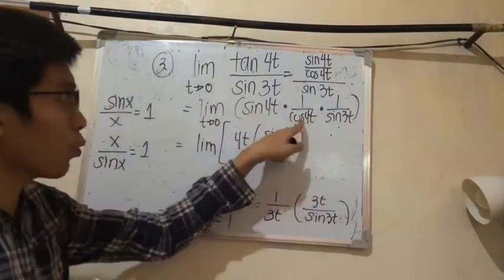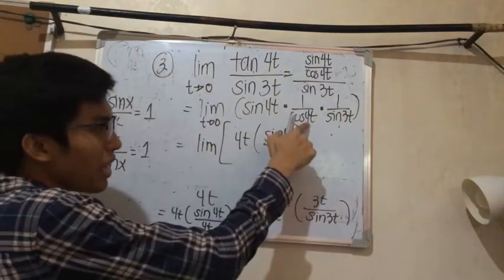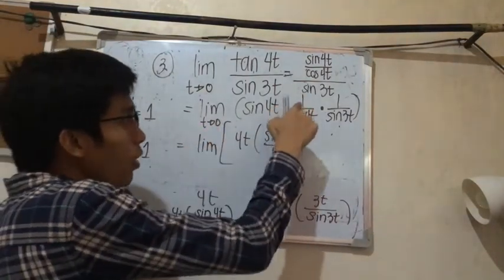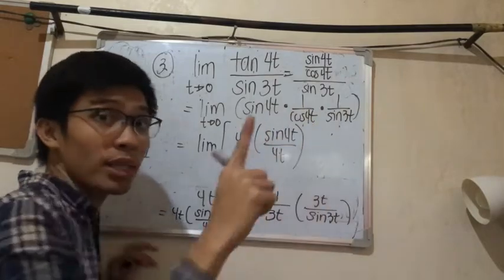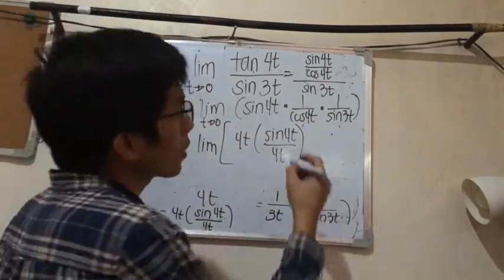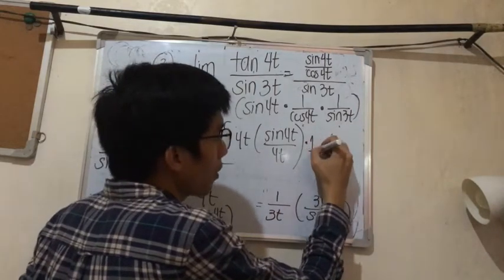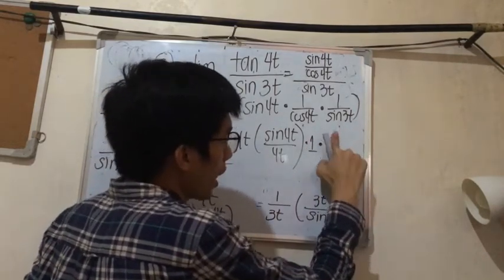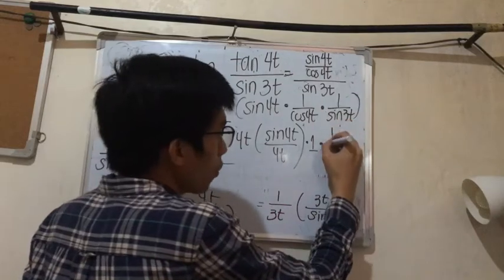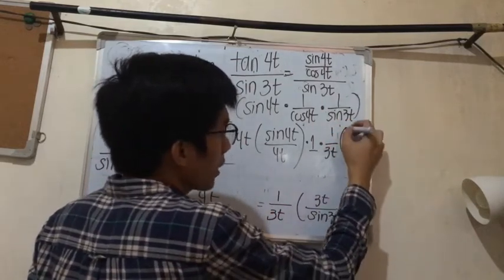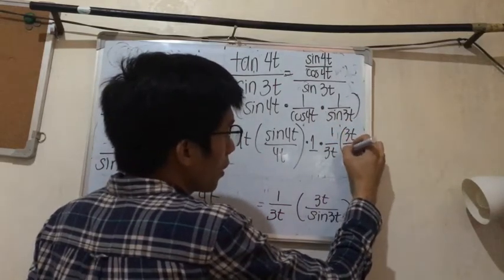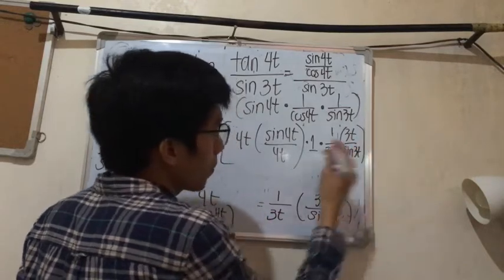What is the limit of this one? Once you substitute 0 in the denominator, it will become 1 over cosine 0. What is cosine 0 again? That is 1. So meaning this is times 1, times the new form, 1 over 3t times 3t over sine 3t.